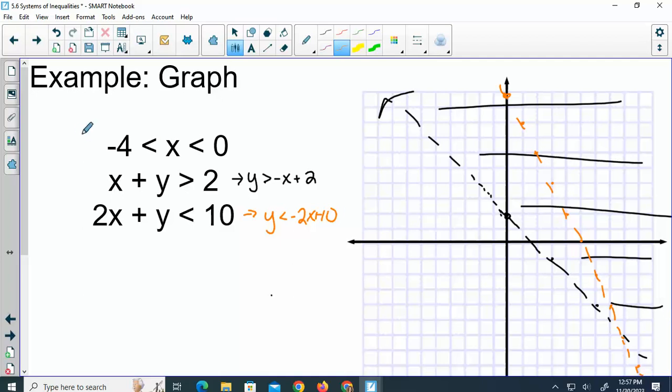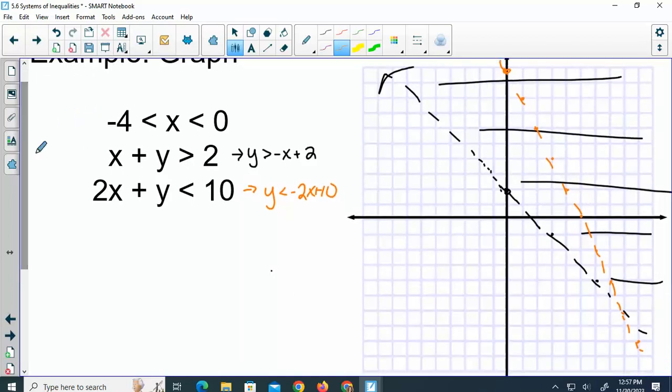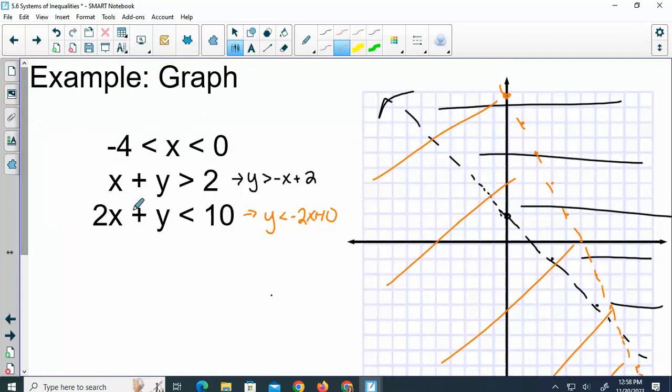Okay, and where are we shading that one? Bottom part of that one. So currently our overlap is between those two. Now let's talk about this top.